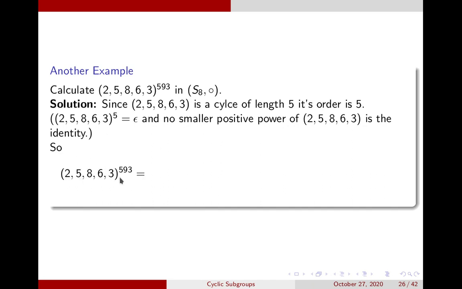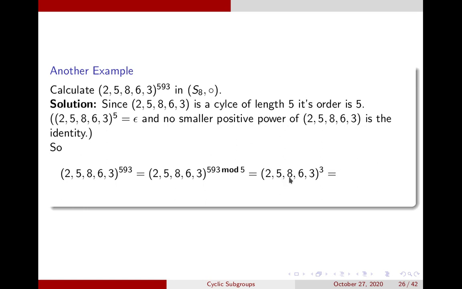So we calculate 593 mod 5. The cycle (2 5 8 6 3) raised to the 593 is that cycle raised to the 593 mod 5. Doing things mod 5 is fairly easy, it's a 3.